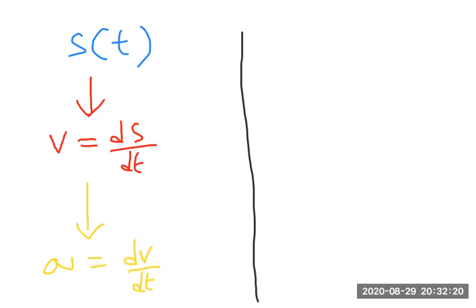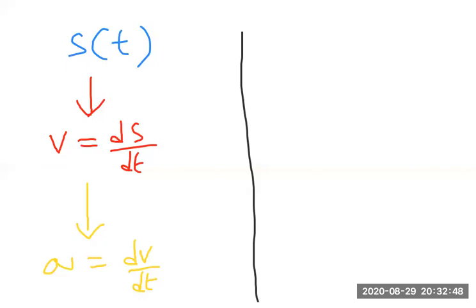Here S is displacement, V is velocity, A is acceleration. Remember, this is not velocity over a range of time, it is simply instantaneous velocity, the velocity at one particular instant of time, ds by dt.